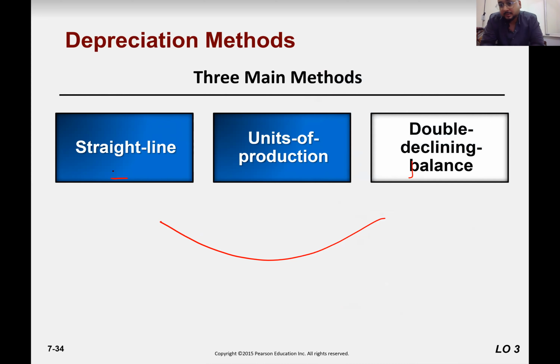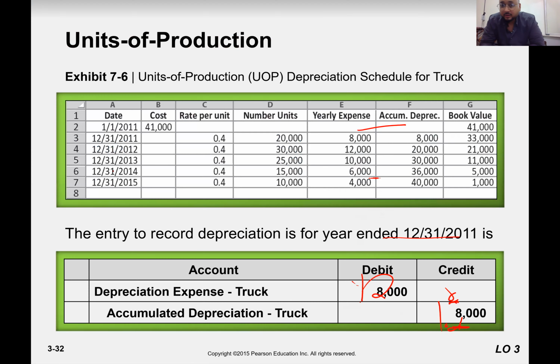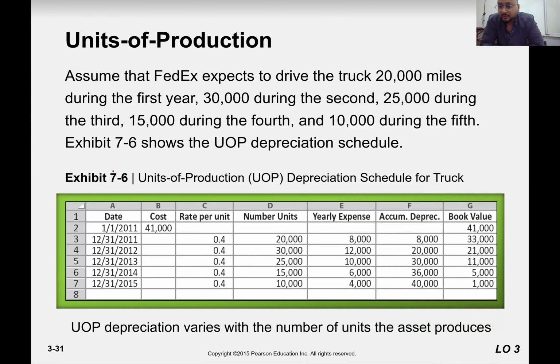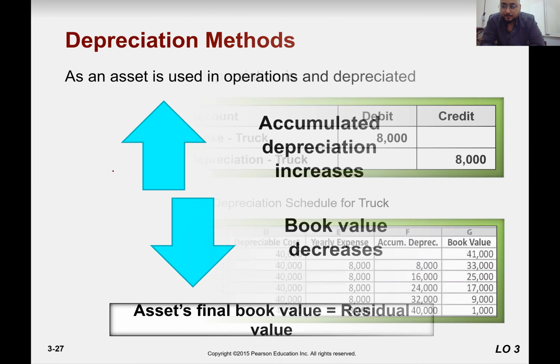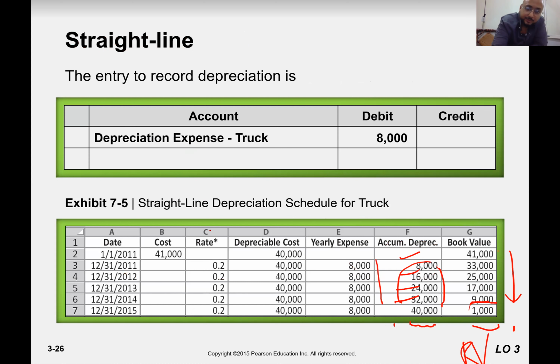So in straight line method, if we go back here, I didn't explain this column over there purposely, the rate, right? So this rate, how we calculated that? 1, where I can write 1 by n.